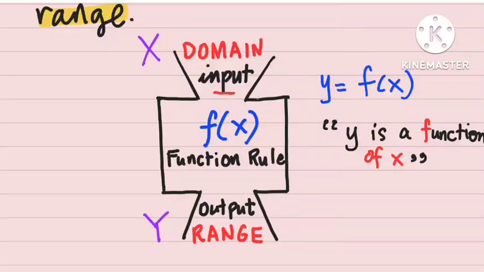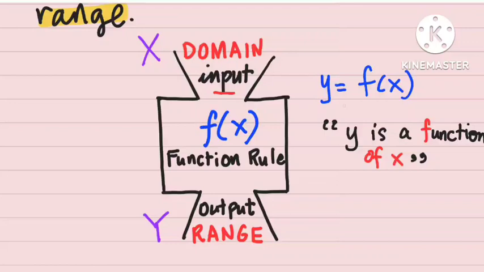After the input is processed, we will get or obtain an output. So every input has a corresponding output. So all the inputs are inside this non-empty set called domain, while all the outputs, the set of outputs, are contained in our range.